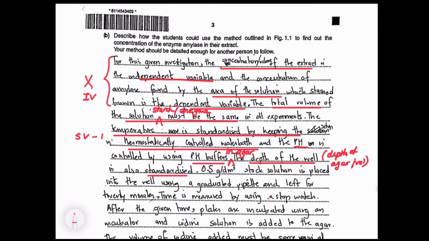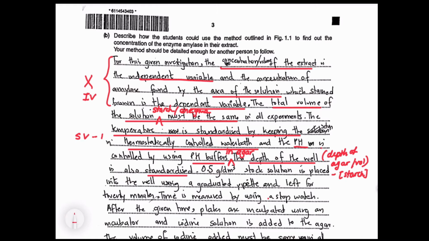Another thing that you can standardize about the substrate will be the concentration of starch. So this student did not manage to score more than 1 mark for standard variable.